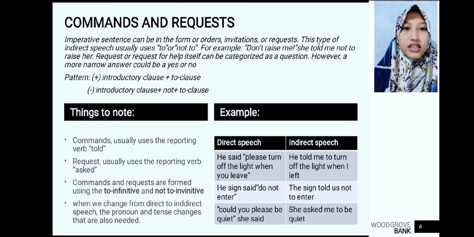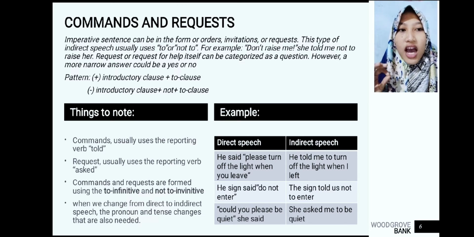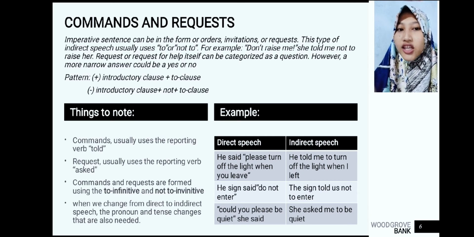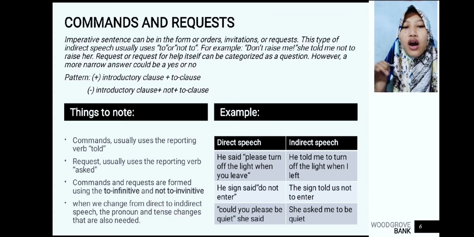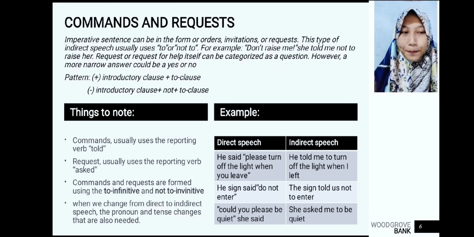Things to note. Comment usually use the reporting verb told. And request usually use the reporting verb asked. Comment and request are formed using the to infinitive and not to infinitive. When we change from direct to indirect speech, the pronoun and tenses change that are also needed.